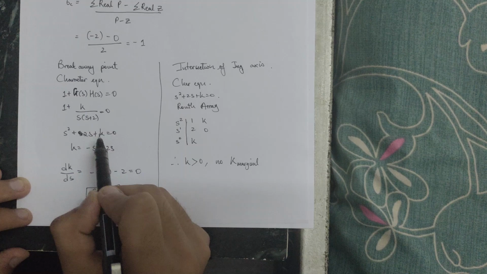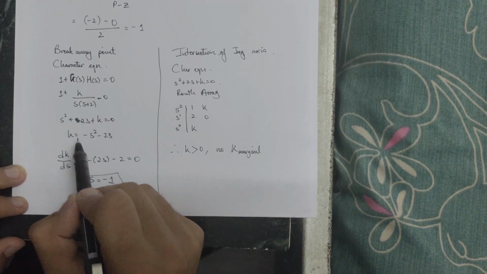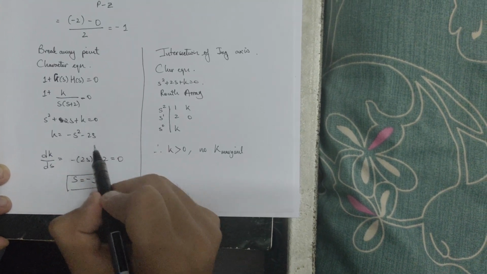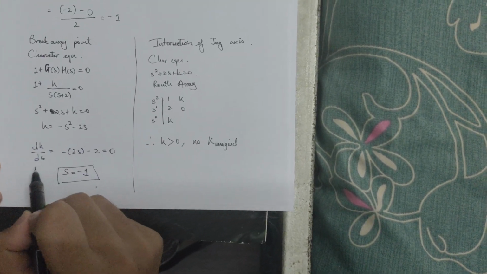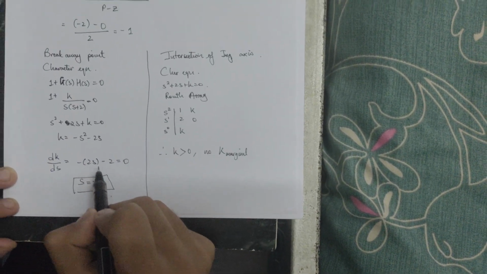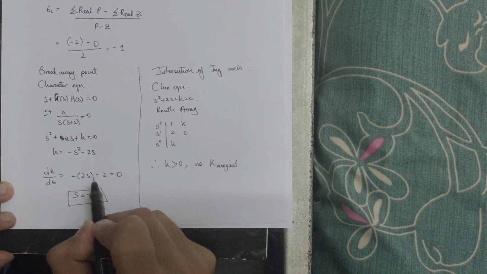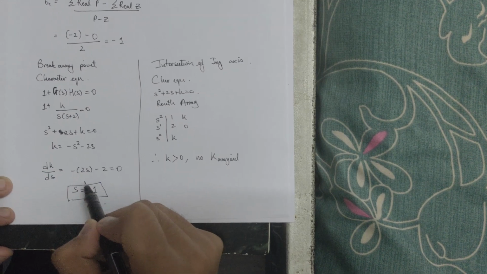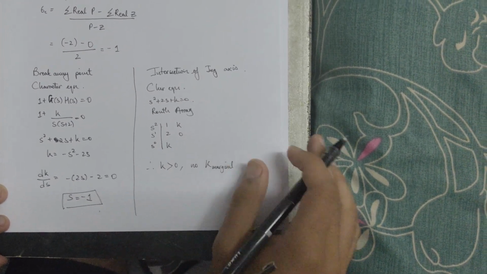Making K the subject, K equals minus s square minus 2s. Differentiating, we get dK by ds equals minus 2s minus 2 equals 0. So s equals minus 1.